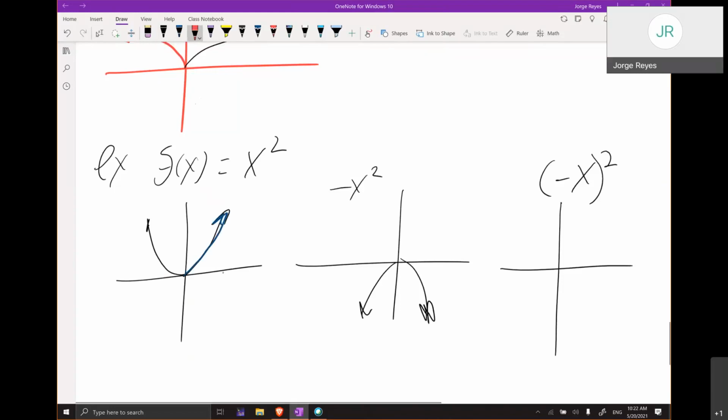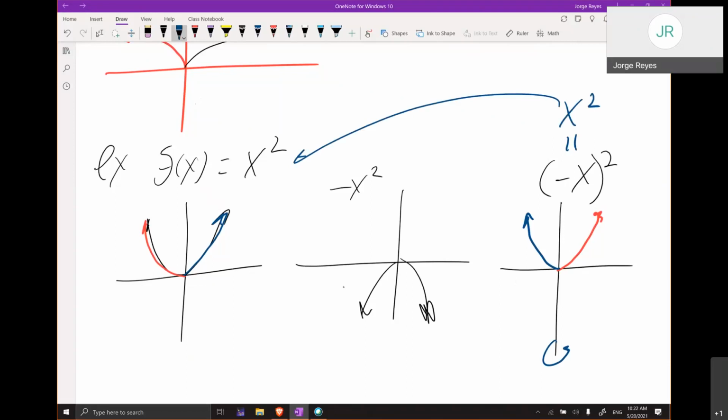This is blue, this is red. What happens is that nothing actually happens. It's the same graph. I spun it, and it's the same. That's because, remember, when you have a negative in a squared, the negative just goes away. So you actually don't do anything. It kind of just disappears.